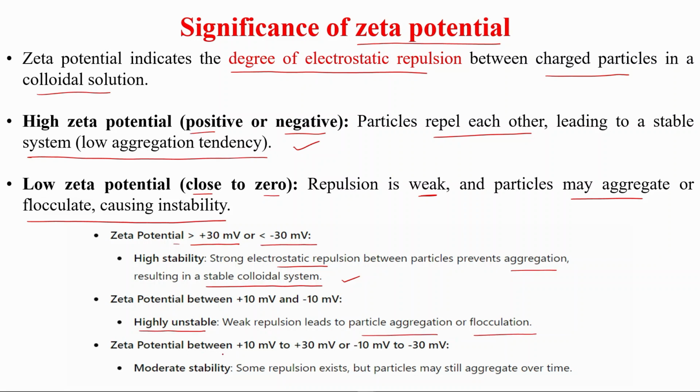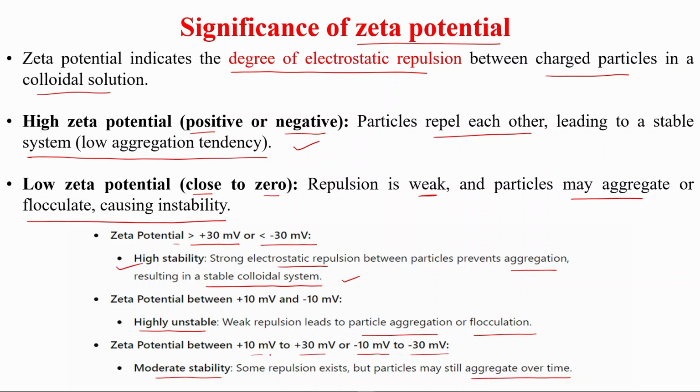Now if the zeta potential is between plus 10 to plus 30 millivolt or minus 10 millivolt to minus 30 millivolt, then we will say that there is moderate stability of the colloidal system. Some repulsion will exist, but particles may still aggregate over time. So this is why we mostly determine the zeta potential of the colloidal solution, to check the stability of the particles in it. The ideal value should be greater than plus 30 and less than minus 30 millivolt, then we will say that we have a highly stable system.